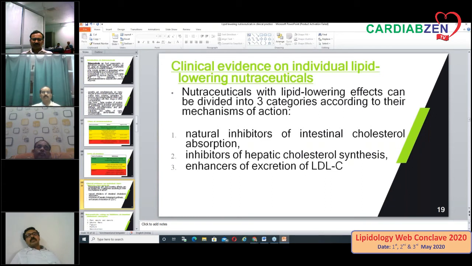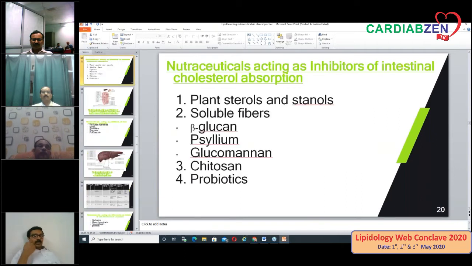These are the natural inhibitors of intestinal cholesterol absorption, inhibitors of hepatic cholesterol synthesis by various enzymatic pathways, and enhancers of excretion of low-density lipoprotein cholesterol. They can be divided into various components. The nutraceuticals can be plant sterols and stanols.